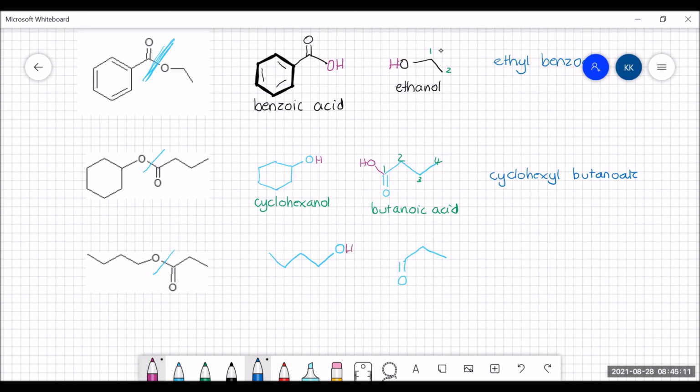Reform the alcohol and the carboxylic acid, and let's see what we have. 1, 2, 3, 4 carbon atoms makes this butan-1-ol. And 1, 2, 3 carbon atoms makes this propanoic acid. So the name of this ester, butyl propanoate.